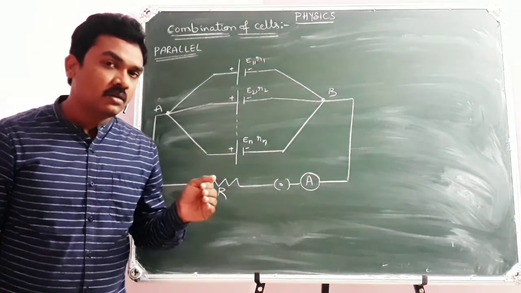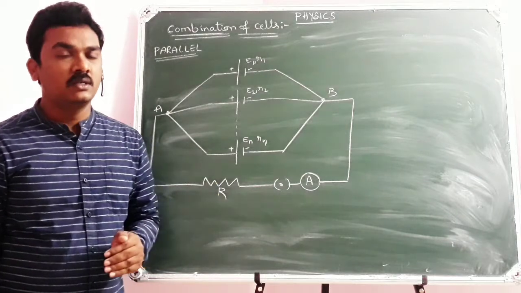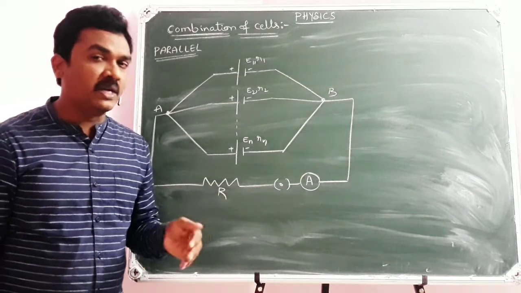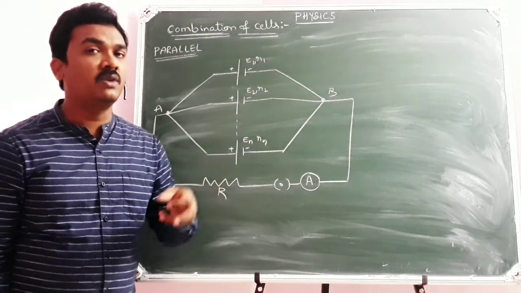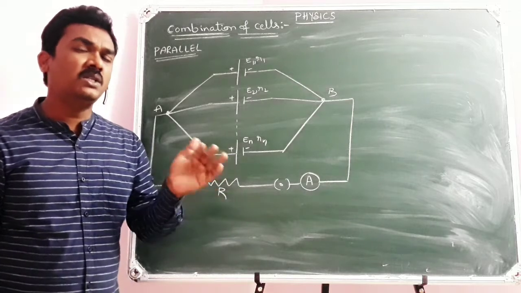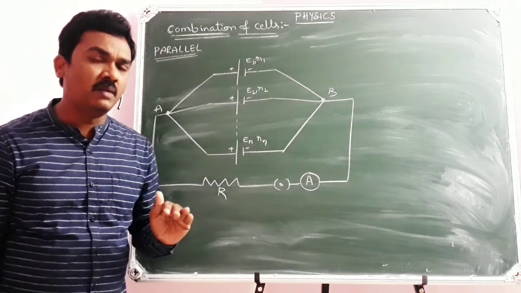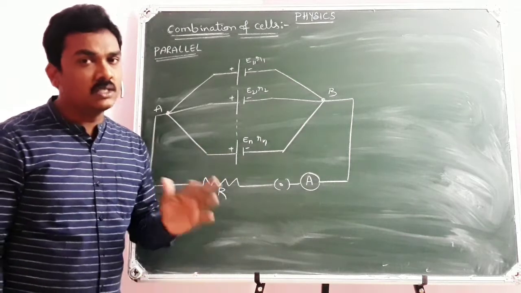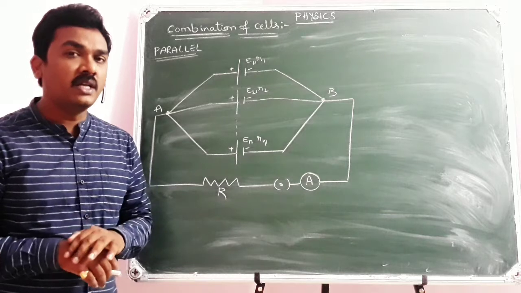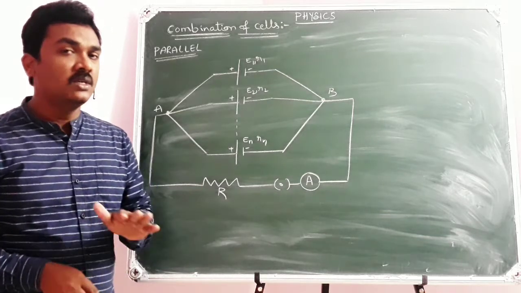Here it is very simple how you need to continue the mathematical part. Earlier, in the series combination of cells, the current is the same but the potential difference is distributed, so the potential difference across every element is different. So we wrote KVL.